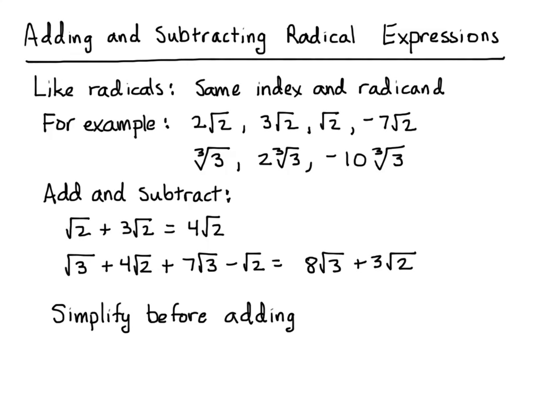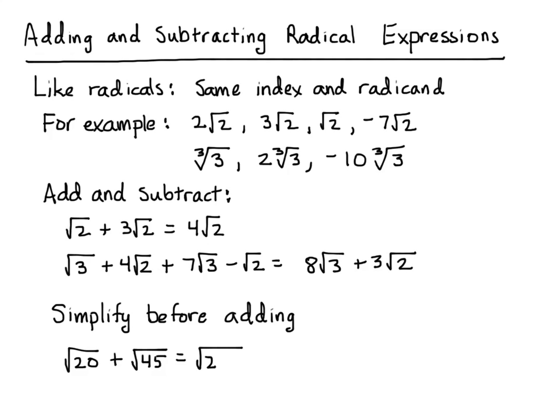So the key to all this is to simplify before adding. If we just had radicals that were already in their simplified form, the process is easy. Sometimes what you have to do, though, is simplify to get things working. Like the square root of 20 plus the square root of 45. Those don't really add together, because they have a different number inside the radical sign.